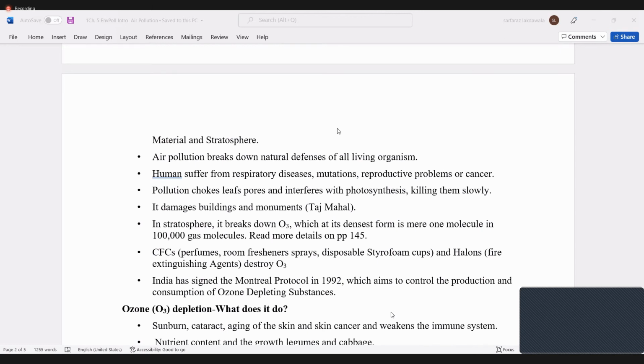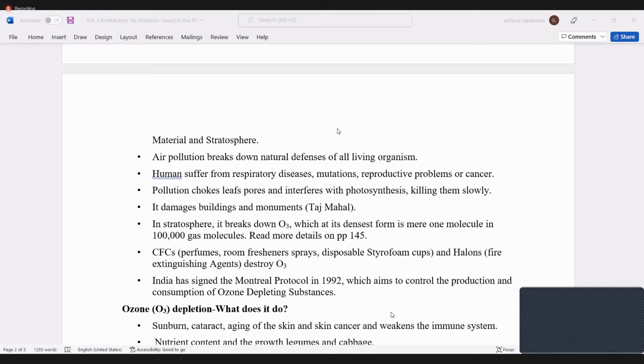So there are direct and indirect ways by which the pollution is affected due to human activities. Humans themselves suffer from respiratory diseases, mutations, reproductive problems, and cancer, which is harming us, the very humans who are destroying the planet by polluting it.